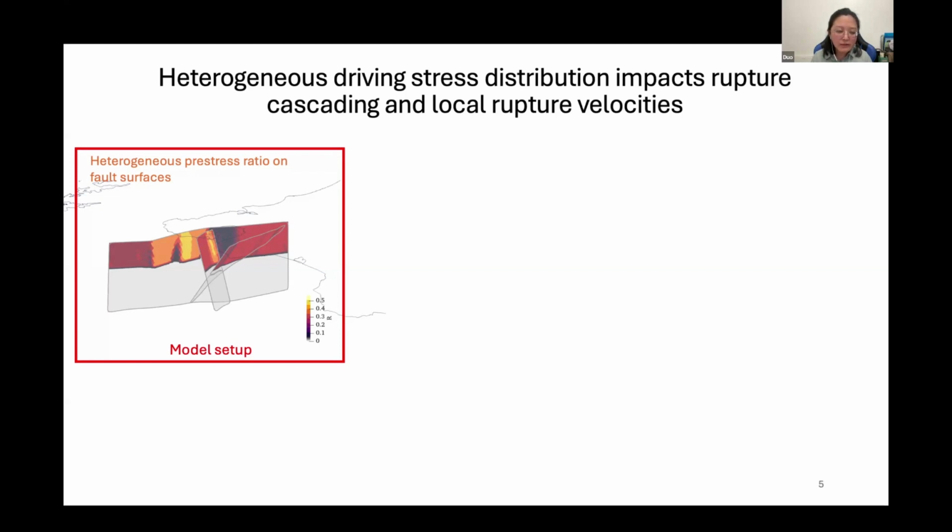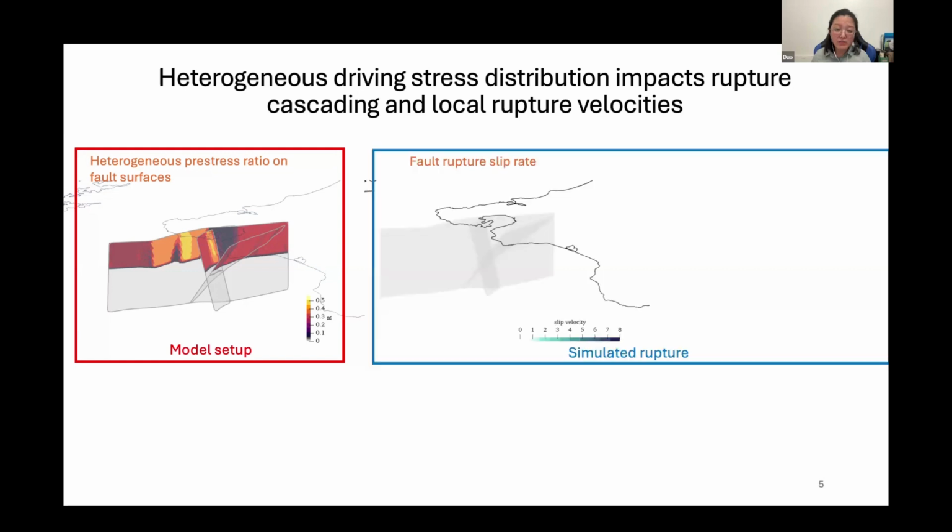So the color shows the heterogeneous pre-stress ratio, which is projected onto the fault surface from a uniform background tectonic stress field. And we nucleate the rupture on the Aotea Bay, and it will spontaneously trigger co-seismic rupture on the three faults.